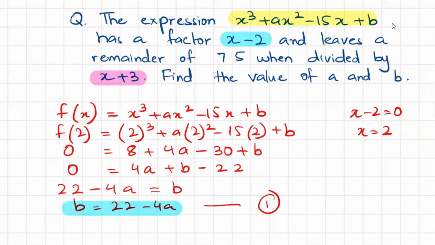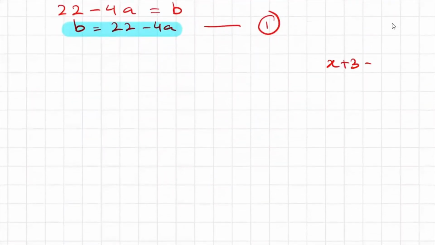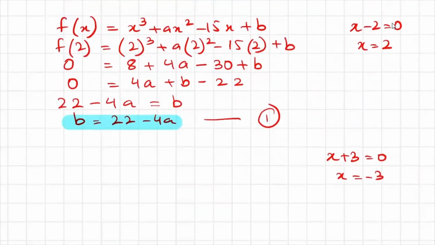The next part of the question says that it leaves a remainder of 75 when it is divided by this. So let's move on with this. x plus 3 equals 0, you get the value of x equals negative 3. In the same expression, I'm going to write this down: f(x) equals x cube plus ax square minus 15x plus b.